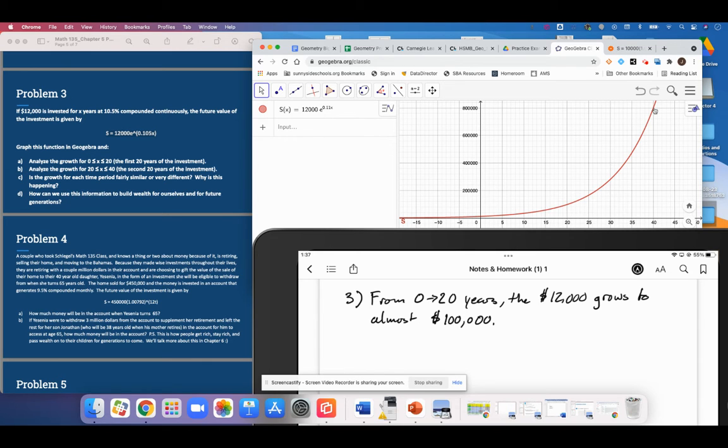So from 20 to 40 years, the $12,000 grows from the $100,000 that it was at 20 years to, it looks like, right about $800,000.